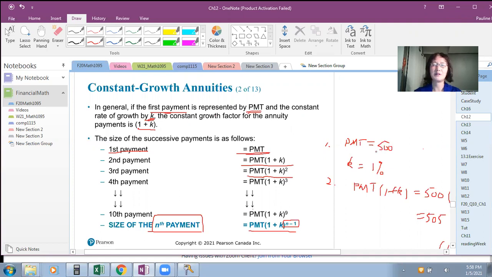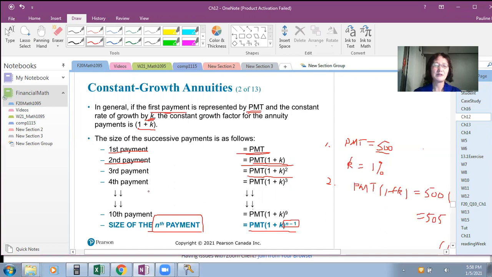For example, PMT equal to $500, and suppose the constant growth rate K equal to 1%. The second payment would be PMT times 1 plus K. In this example, it would be 500 times bracket 1 plus 1%.